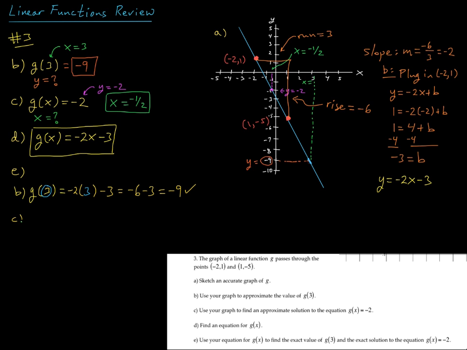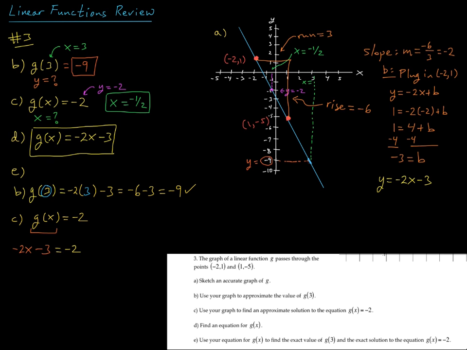All right, and then for C, we have g of x is -2. So like what we did in question 2, we're going to now replace g of x with this rule that says g of x is -2x minus 3, and then set that equal to -2, and then let's solve.